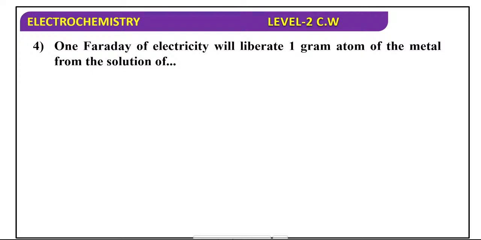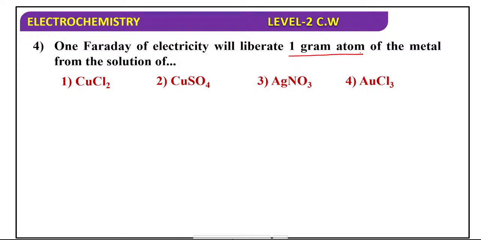Next question. 1 Faraday of electricity will liberate 1 gram atom of the metal from the solution of... 1 gram atom means 1 mole, because there is a difference between 1 gram of atom and 1 gram atom. 1 gram of atom means the mass is 1 gram, or 1 gram atom means 1 mole.